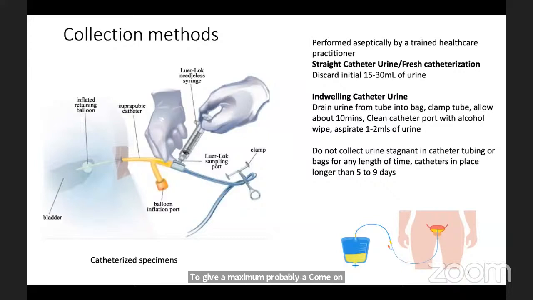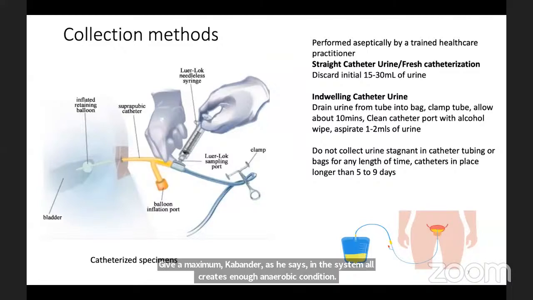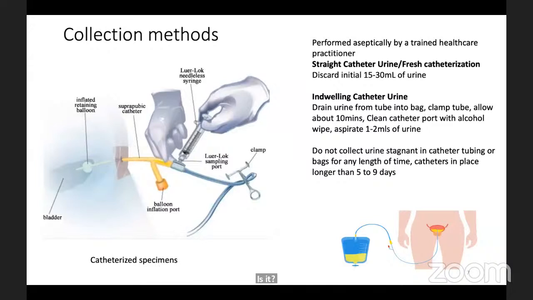Is the candle I used going to give maximum carbon dioxide or create enough anaerobic condition? Is it conducive or okay to achieve that? And secondly, the method which I used, is it okay? Because I don't have a canister, I had to use that method for the anaerobic condition. Thank you.